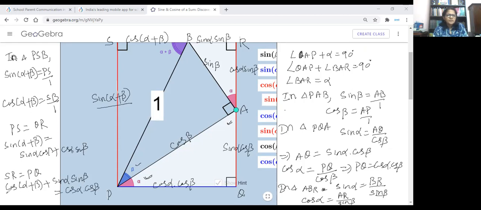So it means cos alpha plus beta equals cos alpha into cos beta minus sine alpha into sine beta. Isn't it a very easy way to prove this? So this is the easy way to prove it.